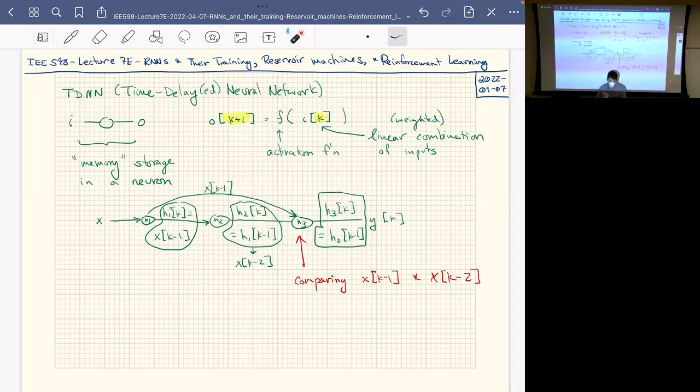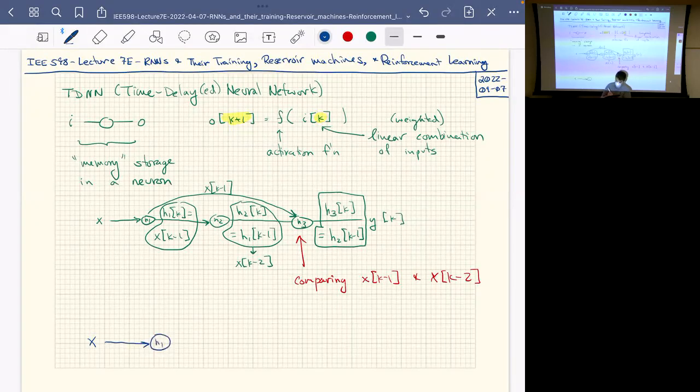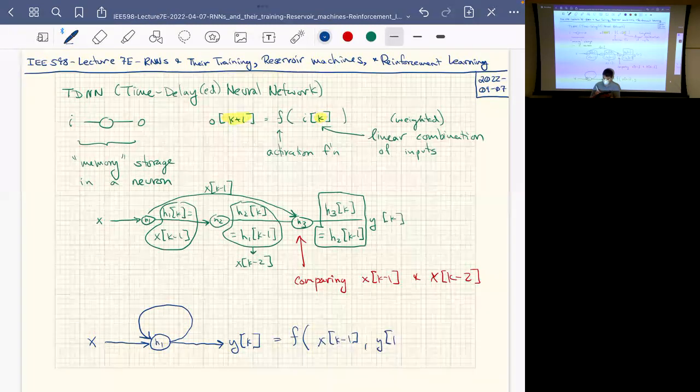And so if I have my x here, and I run it into, I'll just call it h1 for kicks here, and it produces a y, but I also run the output back into the input, then this means that y k is going to be a function of x k minus 1 and the previous y k minus 1.